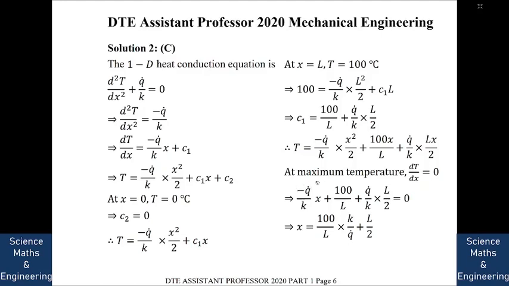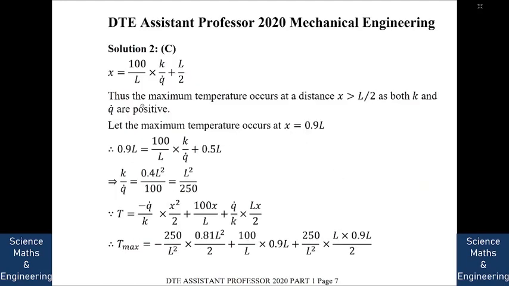Now, you see, for maximum temperature, dT by dx would be equal to 0. So, dT by dx we already have. So, from here, we see that our x becomes 100 by L into k by q dot plus L by 2. So, that means what? Maximum temperature occurs at a distance where x is greater than L by 2, as we see k, q dot and L are all positive numbers.